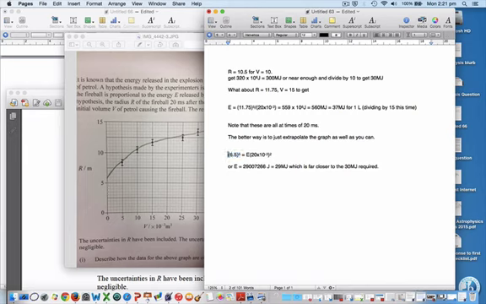Now if I use that expression to figure out E, I end up with an E of around about 29 million joules, which is 29 megajoules. And that's extremely close to the 30 megajoules required.